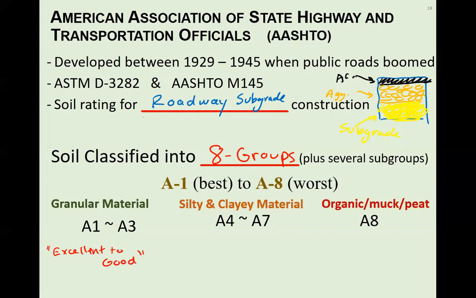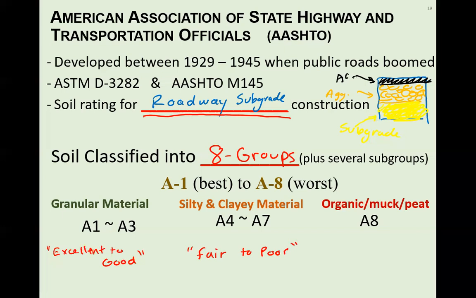This is all just its rating for subgrade construction. A4 through A7 would be our silty and clay material. This stuff is fair to poor, so it's still okay. We can still make it work and build a road on top of it.